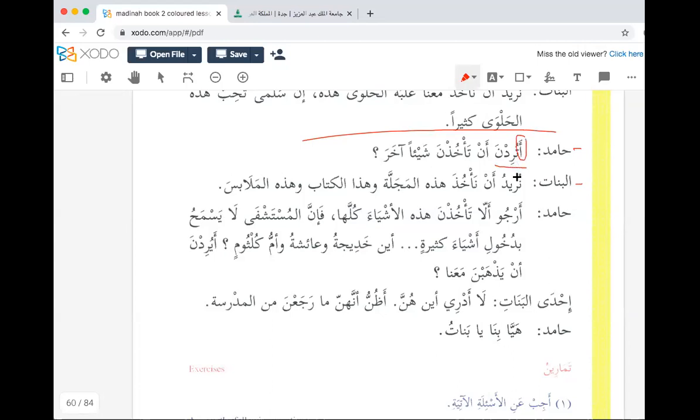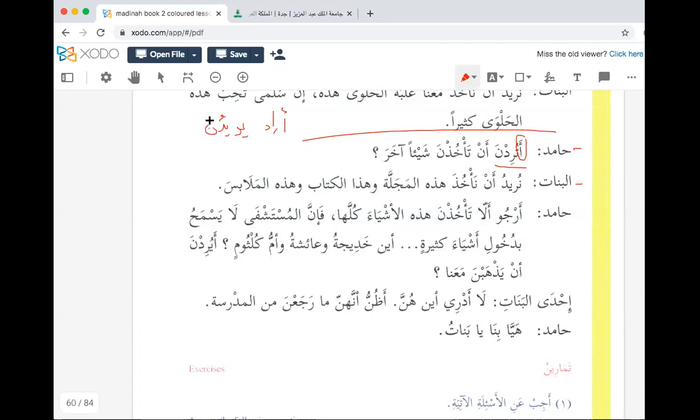And تريدنا, this is from أراد, يريد. And then you want to add a plural damir. So in this case it's mukhatabat, antunna. So you need noon and niswa.